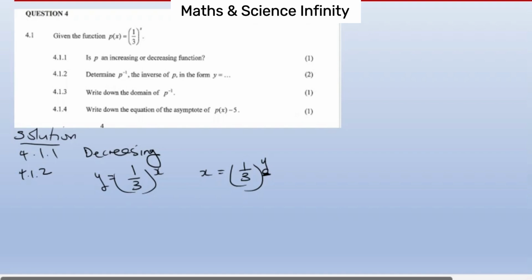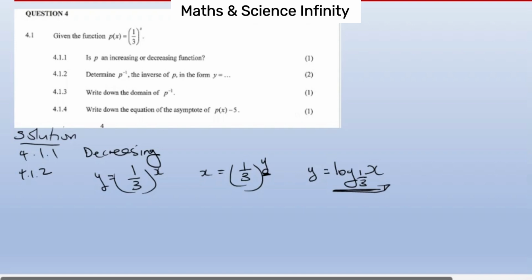How do we make y the subject? We know our log rules. y equals log base 1 over 3 of x. This is our inverse function in the form y equals.